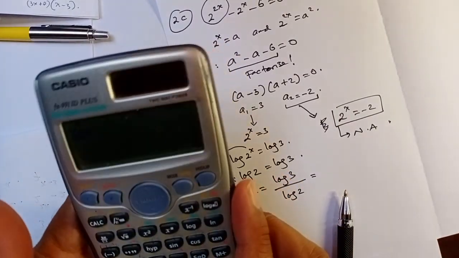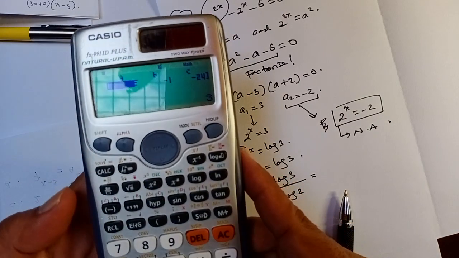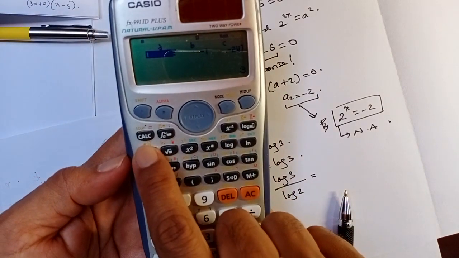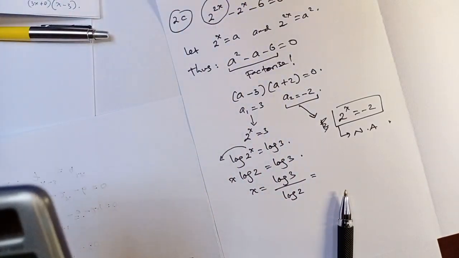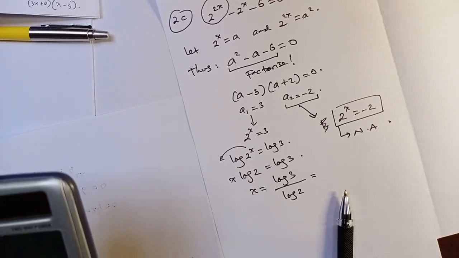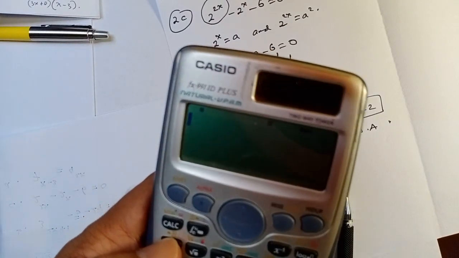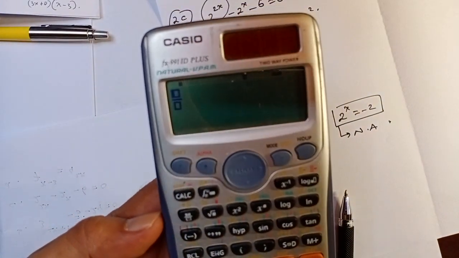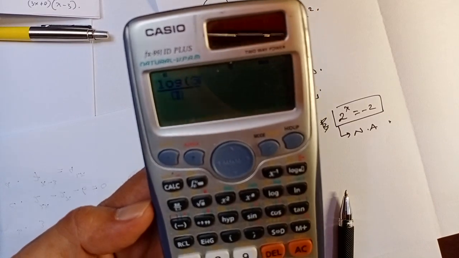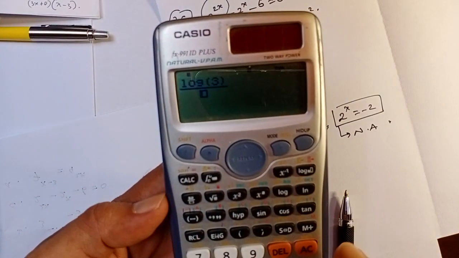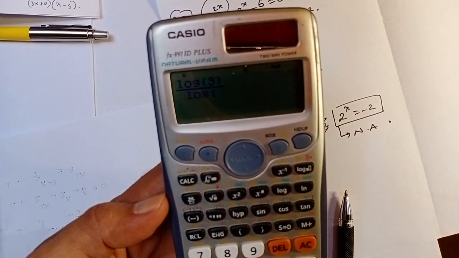So using our calculator, we can use this fraction button. Log of 3 in brackets, divided by the logarithm of 2 in brackets.